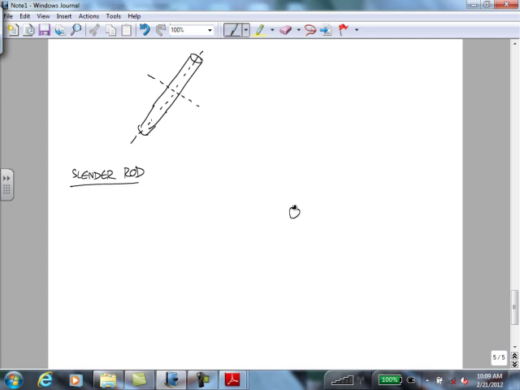So let's say there's an axis here, an axis here.